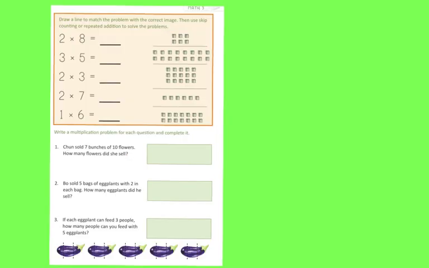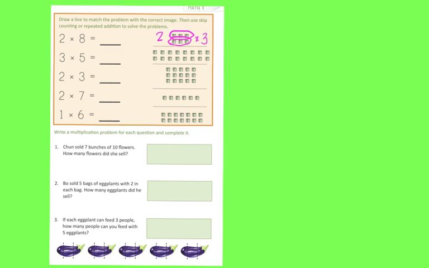Okay, on this section in the orange box, I want to talk about something. It says draw a line to match the problem to the correct image. Then use skip counting or repeated addition to solve the problems. So on the other activity, they had the groups circled going vertically. On this one, the groups are going to be circled going horizontally. So in this group, we have 2 groups times 3 in each.